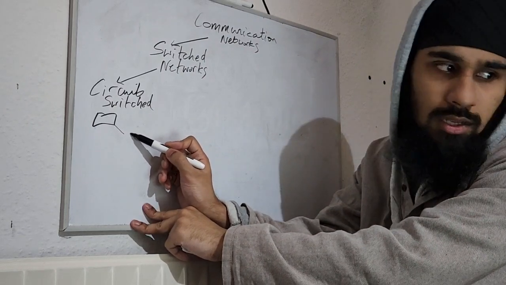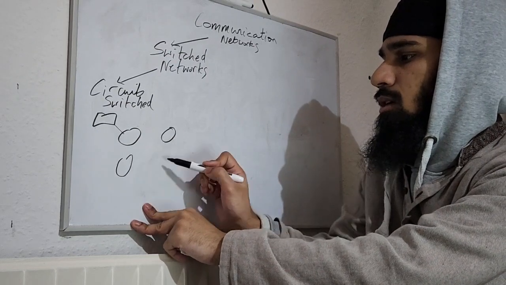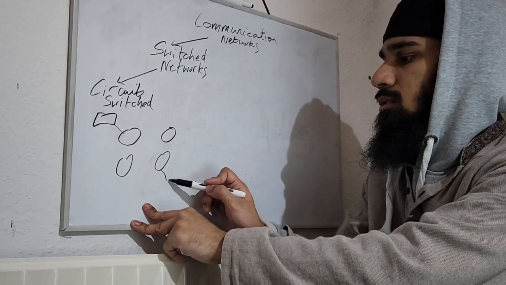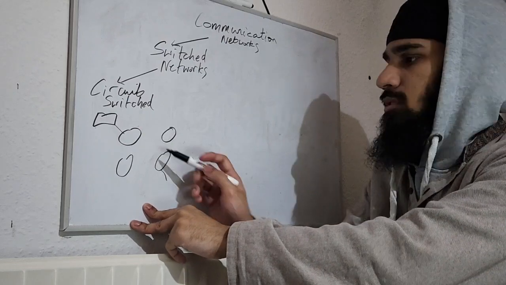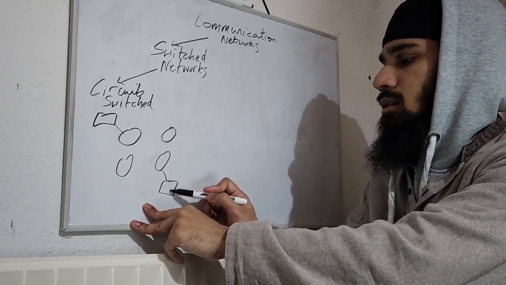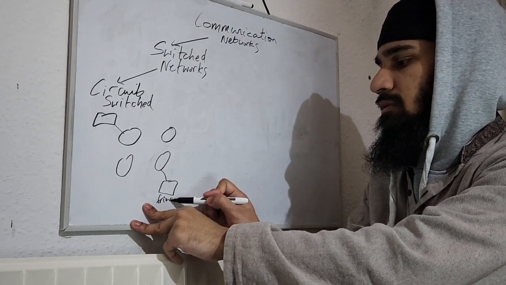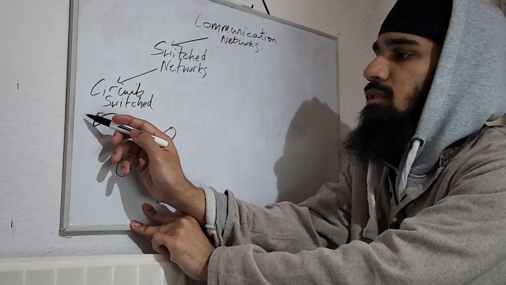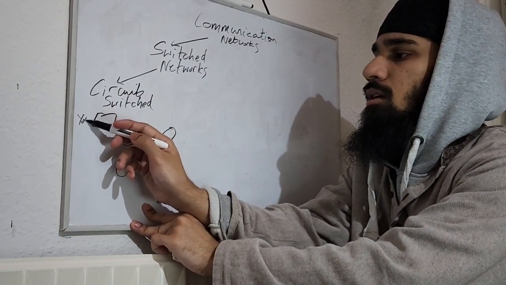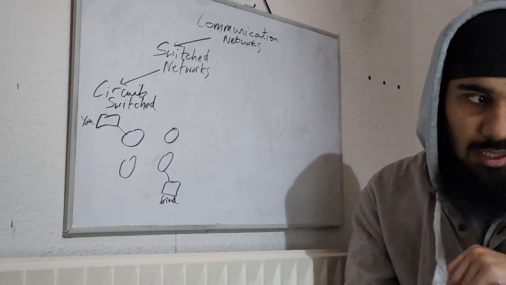So this is a circuit from one place to the other. And from the other end, you have another, let's just say your friend. So you're here, and you want to talk to your friend who's on this side.